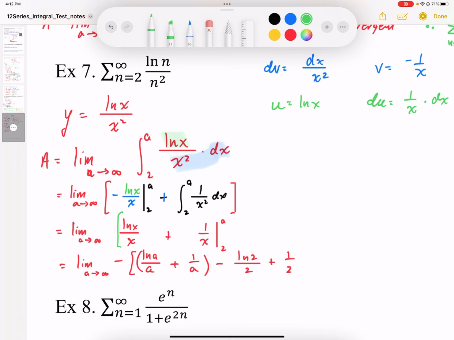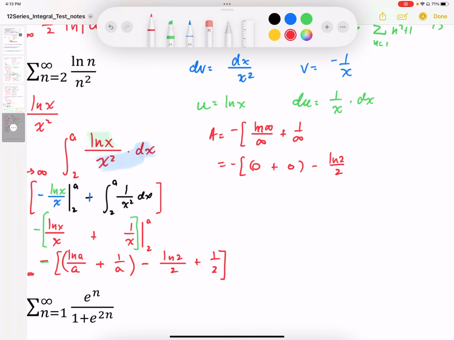That's equal to 0 as well. And then minus log 2 over 2 plus, this should be in brackets here, plus 1/2.